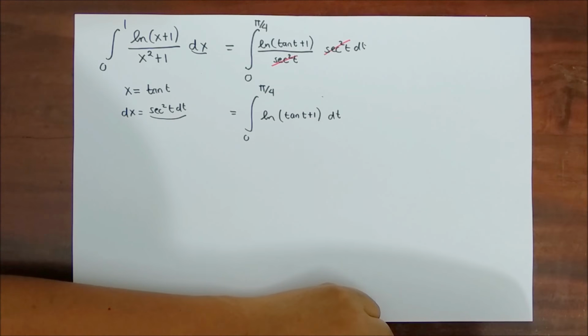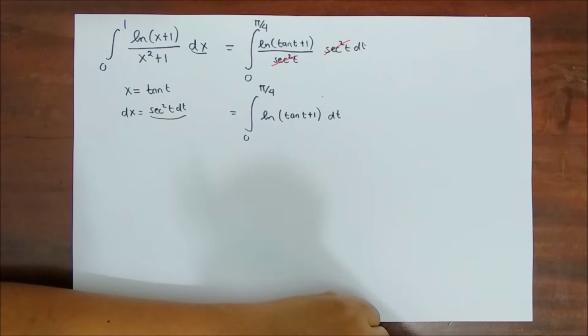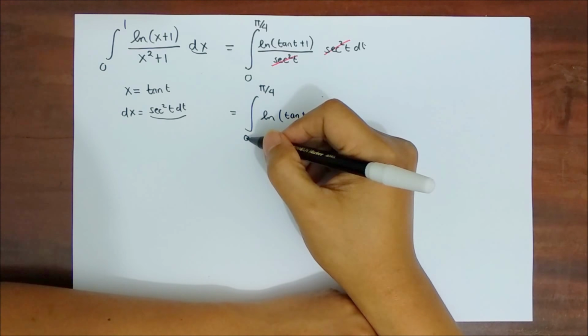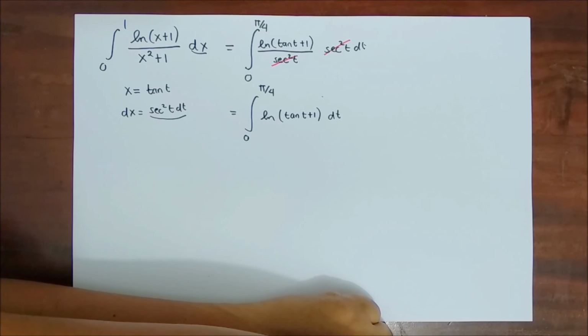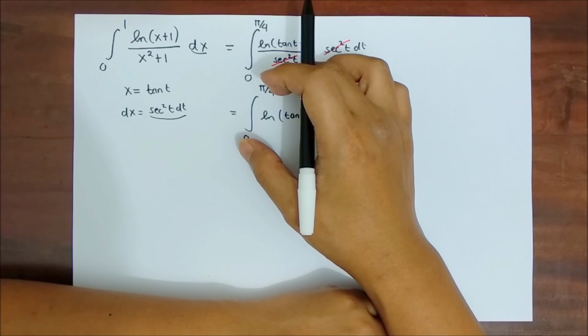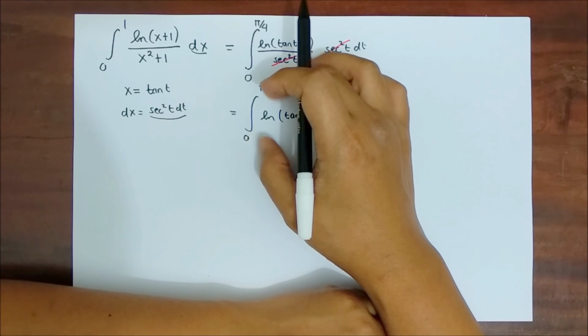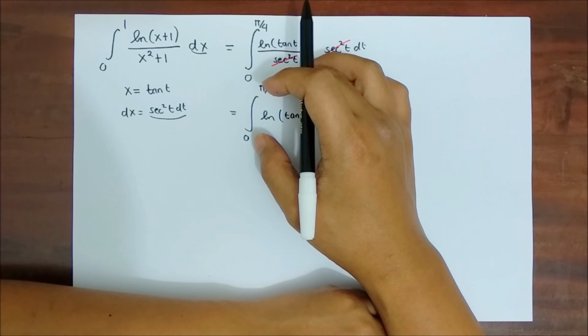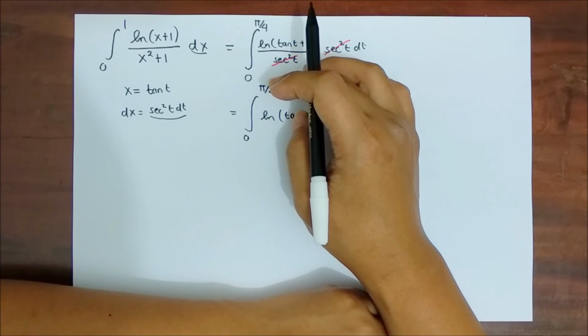Now we need to deal with the lower and upper bounds, from 0 to pi over 4. One useful trick is to make a substitution so that we can reverse the bounds, so that they change from pi over 4 to 0.